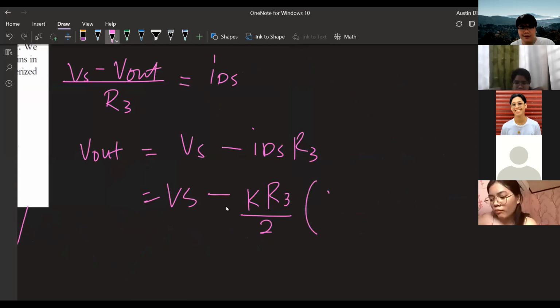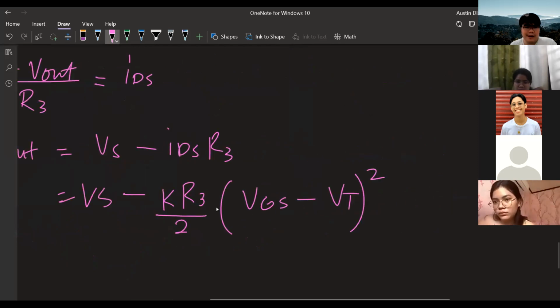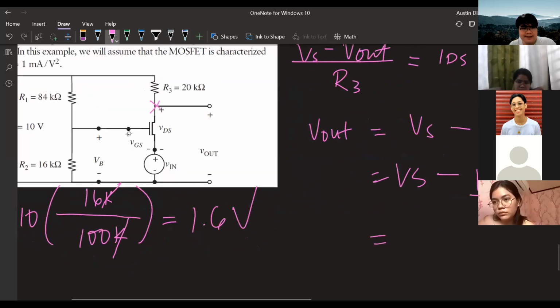So that would be VGS minus VT squared. Tama? And then what is VGS in our case? VGS is this arm minus this arm. So VGS must be VB minus Vin. Bakit si VB? Kasi si VB is measured with respect to the ground naman.